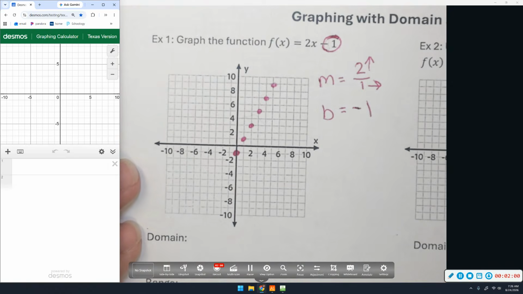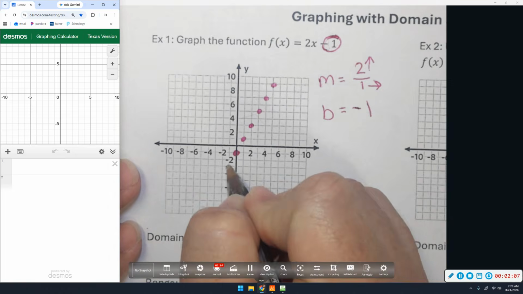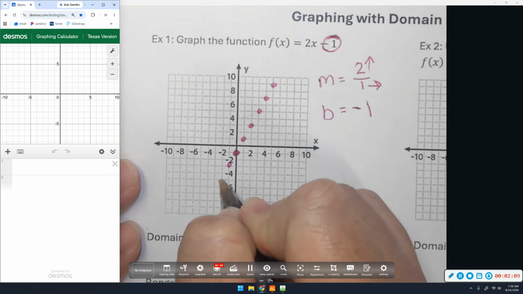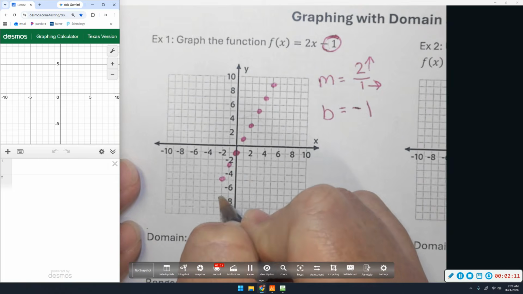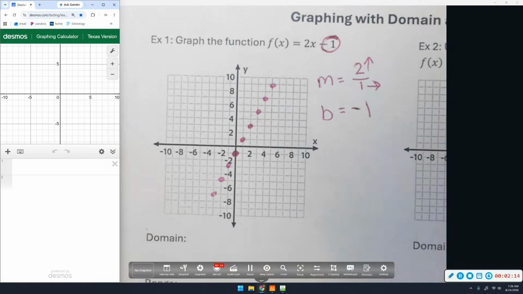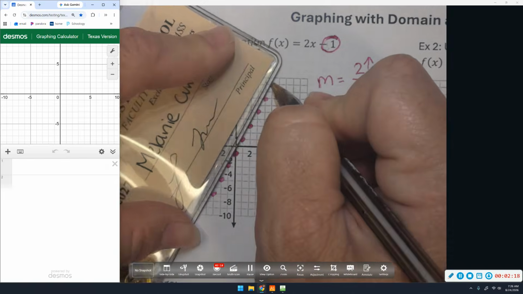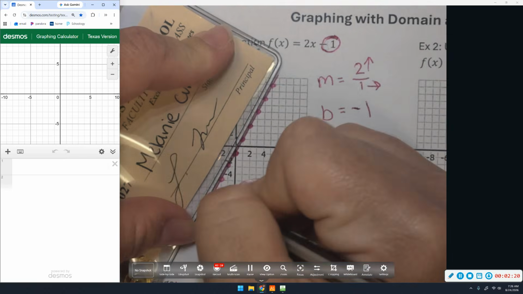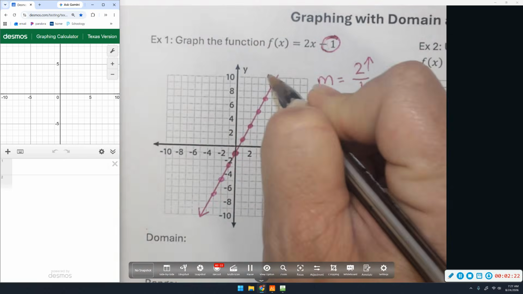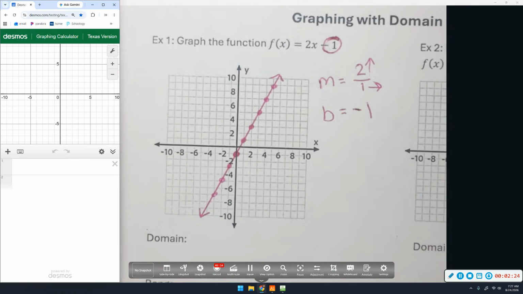And remember, we can do the opposite by going down 2, left 1. Double opposite, down 2, left 1. And we're going to use our handy dandy ID badge to make a straight line. And remember, you go all the way across your graph, not just through your points, with arrows on the end.